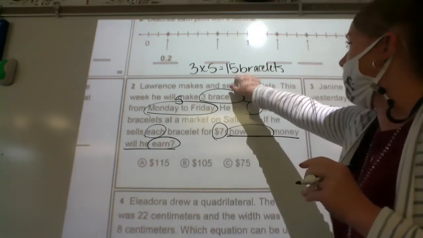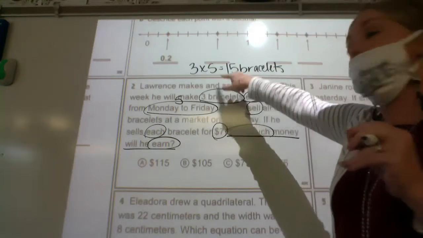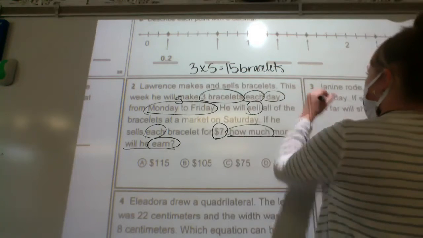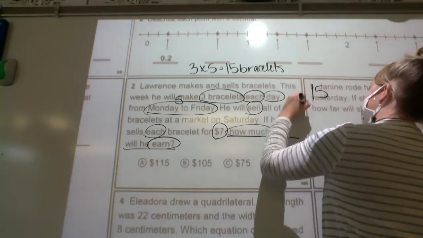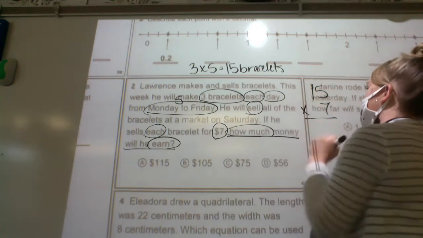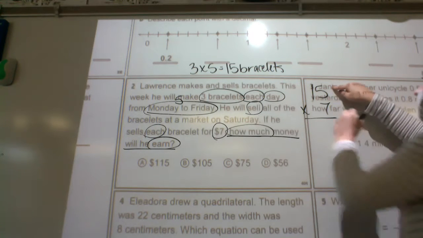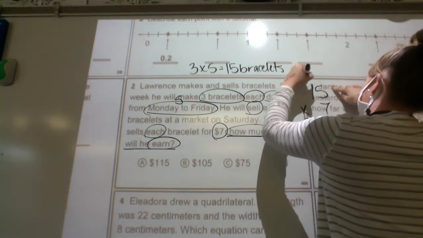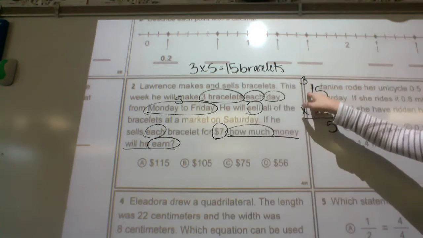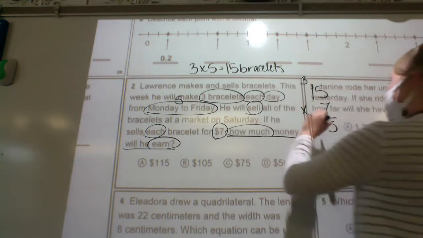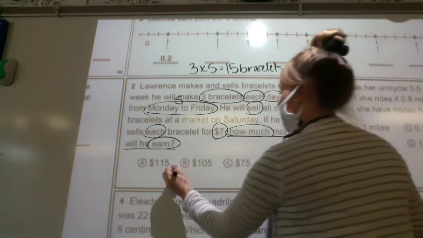So I need to take my 15 bracelets and multiply it by $7 each. So first I do 7 times 5. What does that equal? 35. I carry my 3. And then 7 times 1 is 7 plus 3 is 10. So it was 105, okay?